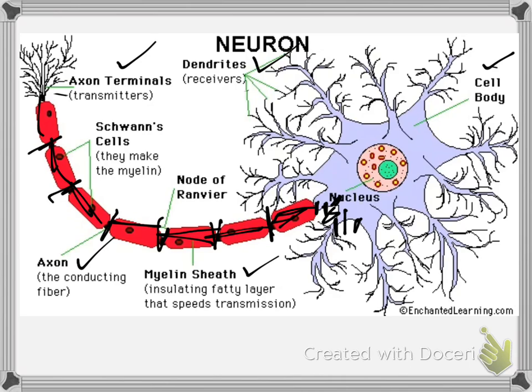So you lose some of the charge if it's not covered by that insulator. So myelin sheath is your body's natural insulator. It helps to protect that axon so that the charge is maintained, and the charge actually goes much more efficiently through the axon than it did through the cell body.